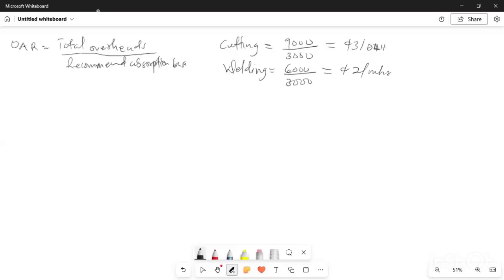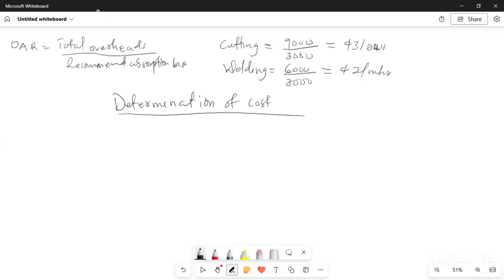Now that we have our absorption rates, we can find the cost of the component. If you want to determine the cost, it is always your prime cost plus your overheads. Your prime cost consists of all your direct costs.